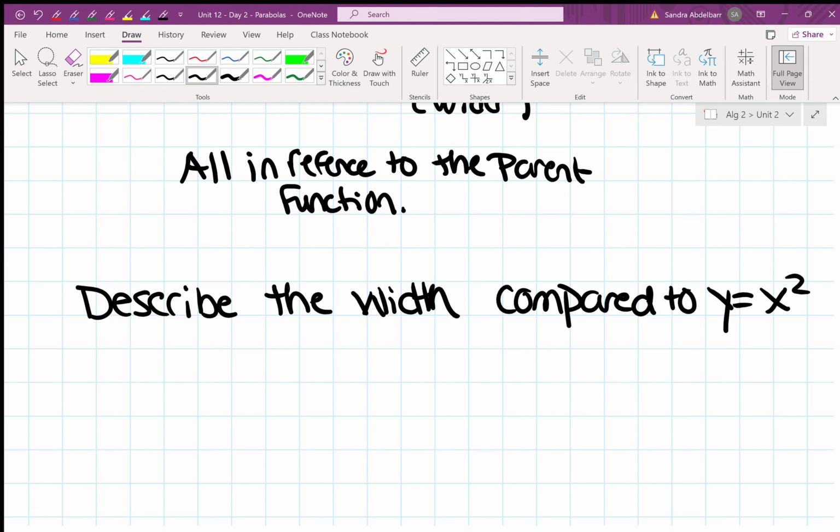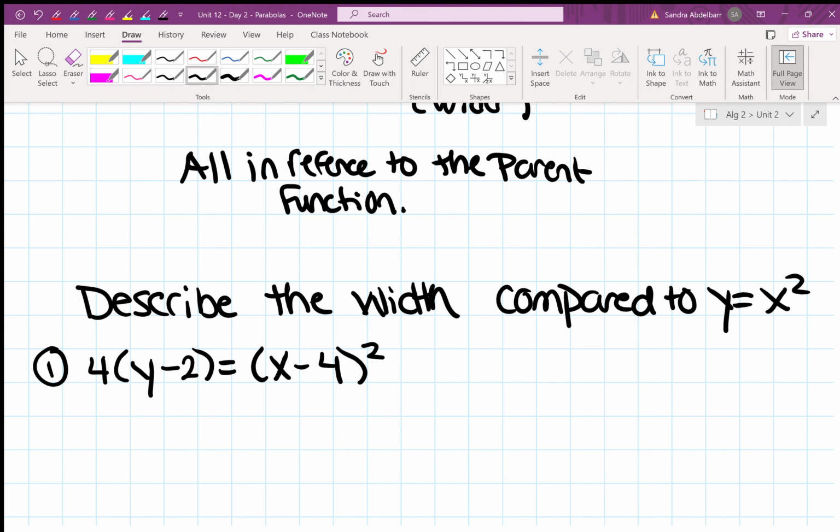All right, so here I'm going to have 4 times the quantity of y minus 2 equals x minus 4 squared. What I have to first do is put it in the correct format. Is this going to be x equals or y equals? Y equals, because the x is what's being squared.